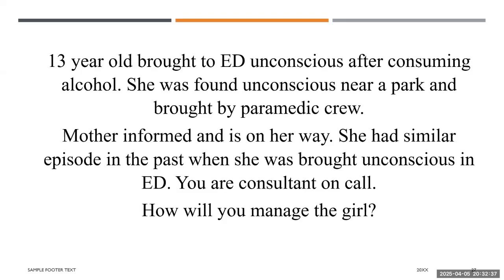And then I would discuss with my senior consultant or the safeguarding consultant, as well as social services, because it's a tricky situation. We need to figure out if there is any safeguarding concern regarding this girl after being sure she is medically fit. I think I will do it in this way. I'm not sure.